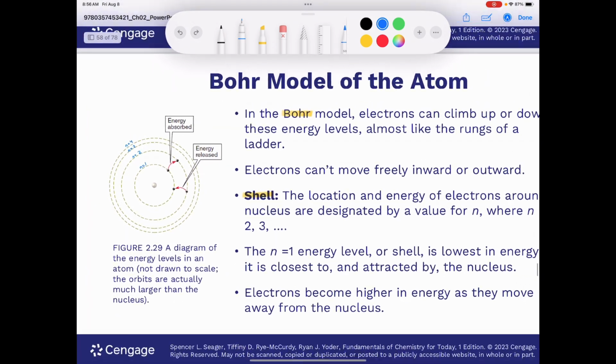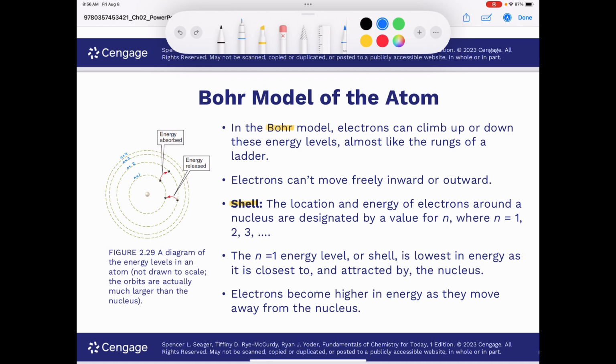But we have these energy levels, and so the n equal to 1 energy level is going to be the lowest energy. So n equal to 1 energy level or shell is the lowest energy, and it's the closest to the nucleus, and it's attracted to the nucleus. N is equal to 1. Again, I don't think this is in your textbook, but oftentimes this is referred to as the ground state, the lowest energy level, the ground state, if you want to know.